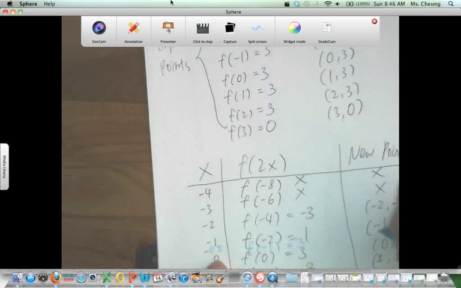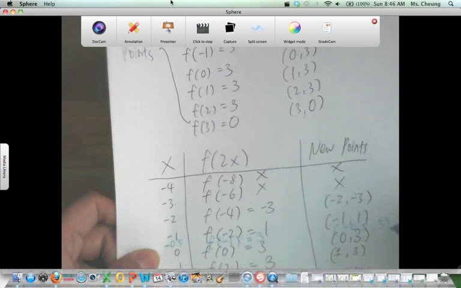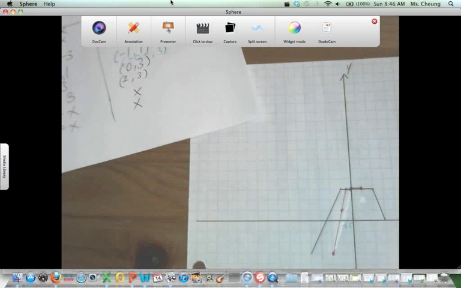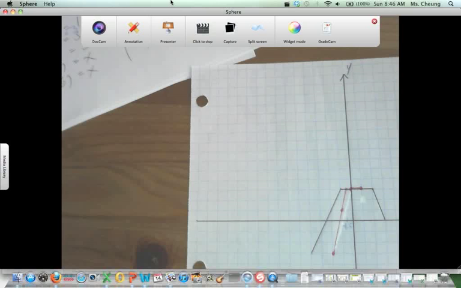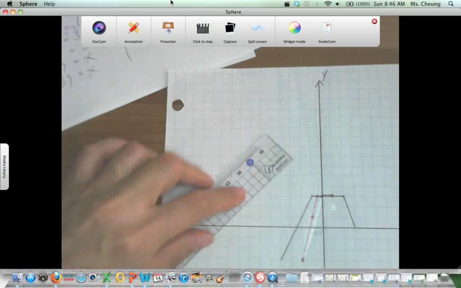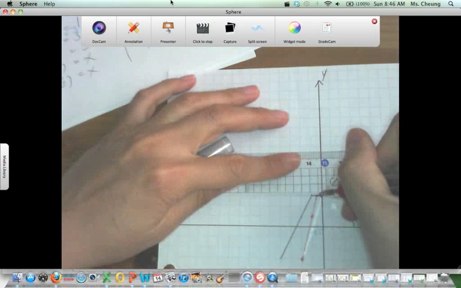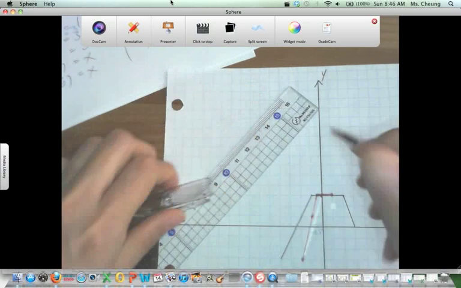So there's a point at -half, 3. I'm going to plot this point on my graph also. So this is the graph, and that means I can connect them together. Great. I can connect this point too.